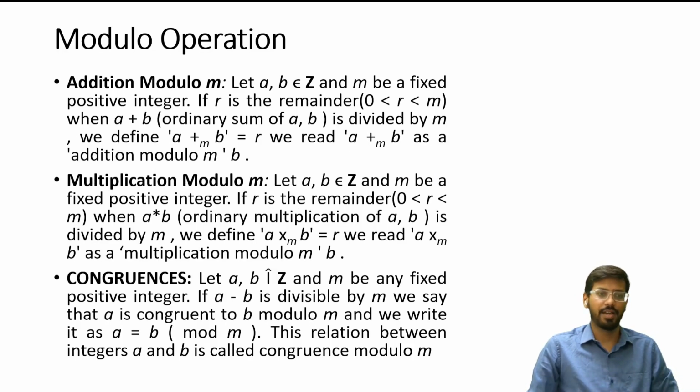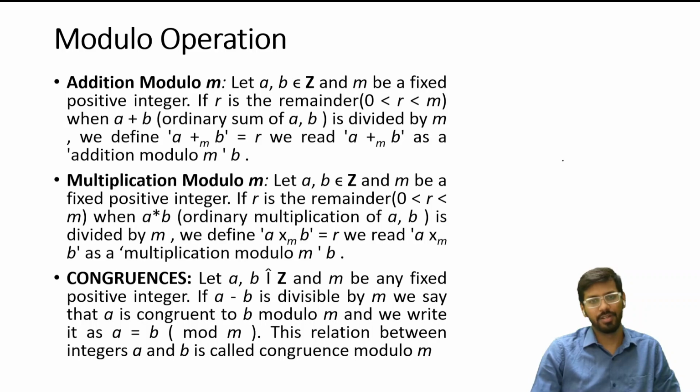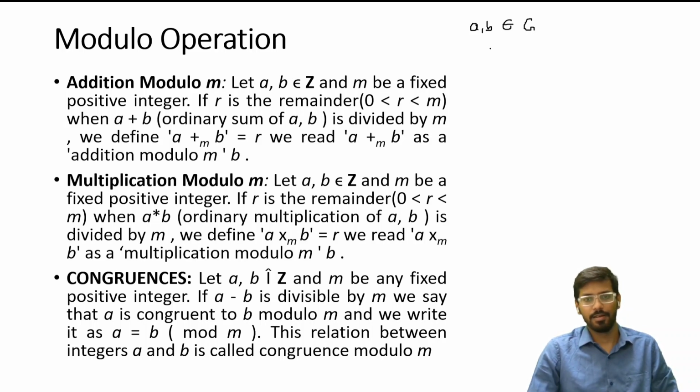Now we will define the modulo operation here. तो मॉडुलो ऑपरेशन क्या होता है? मॉडुलो ऑपरेशन दो तरह के होते हैं. First is additional modulo n. मतलब if we take two elements A and B that belong to some group G, then A modulo operation B should be equal to the remainder of A plus B divided by n.